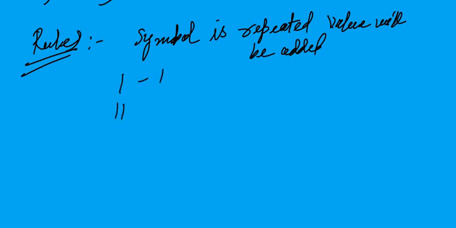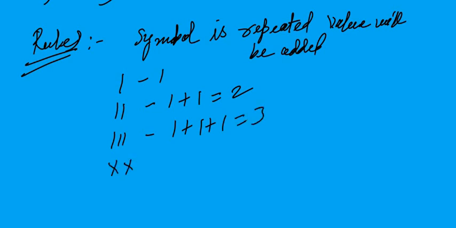If I will write I again, then we will write 1 plus 1, it is 2. Again you will write I, that means we can write 1 plus 1 plus 1, that is 3. Similarly, if I want to write X, then you will write 10 plus 10, that is 20. So basically we will use the addition rules. This rule is called addition rule. So this is first rule, symbol is repeated, so value will be added.